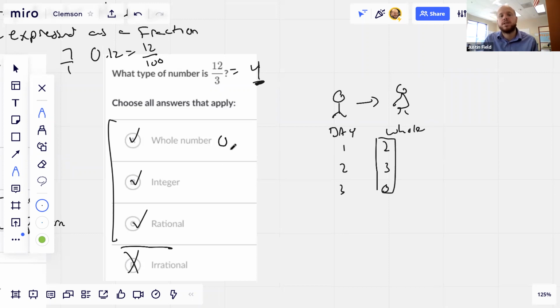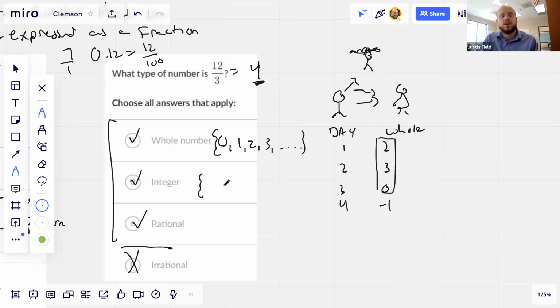Whole numbers start at 0 and they go up. No decimals or fractions though. Okay, and so integers, when did that happen? That happened on day 4. He had to borrow a rabbit from caveman Harry over here. Caveman Harry. Got a lot of hair. Okay, can I have a rabbit? All right, so that's -1 rabbit for you, caveman Larry. And so that's integers.